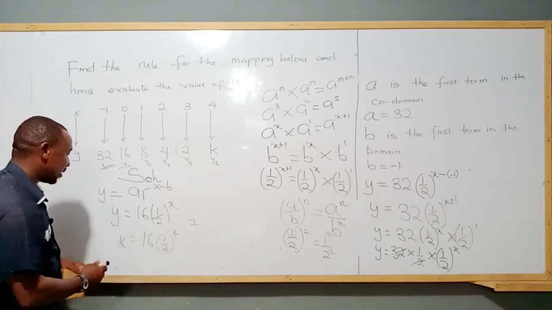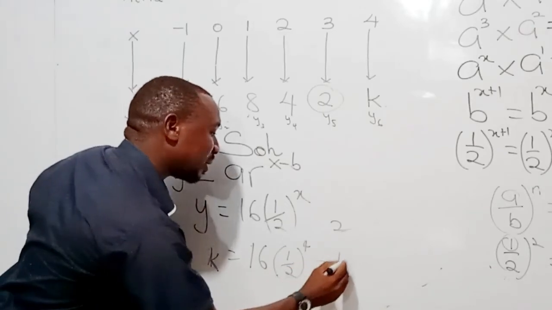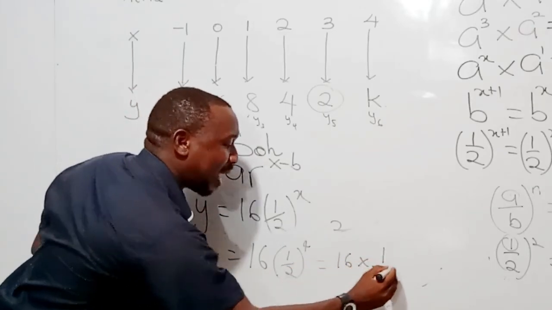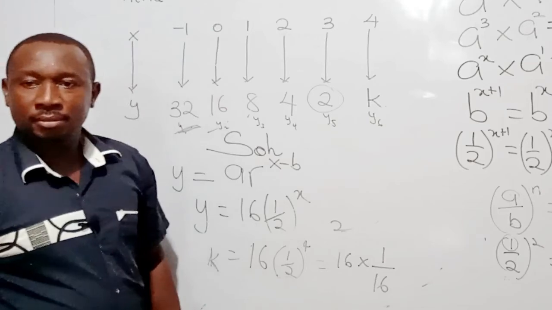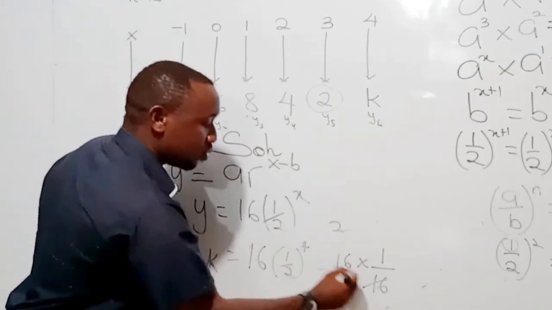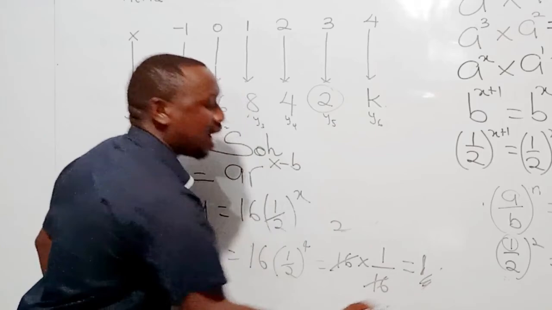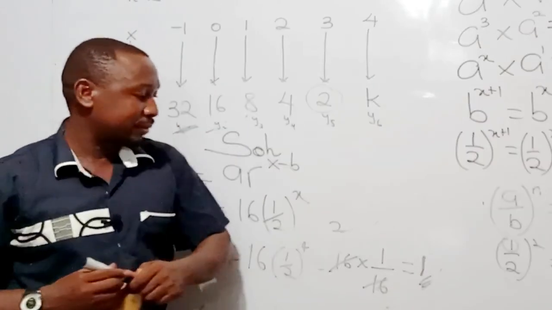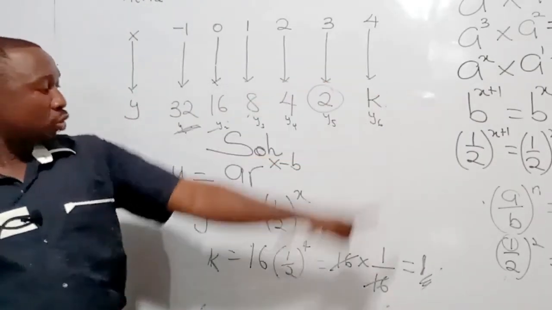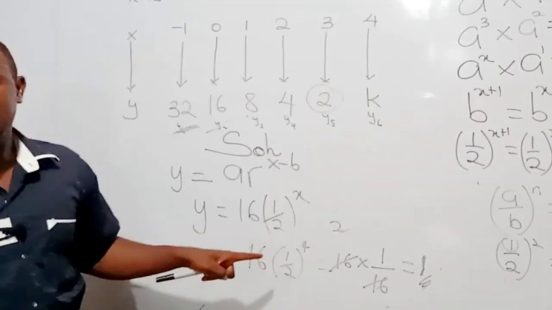And this will be equal to 16 times 1 out of 16. And this 16 will cancel this 16. So the value of k is 1. And this is how it should be done. So the value of k is 1. And this is the rule for the mapping.